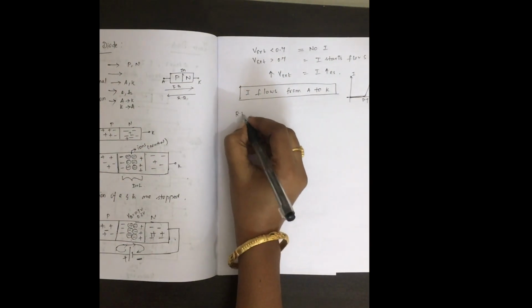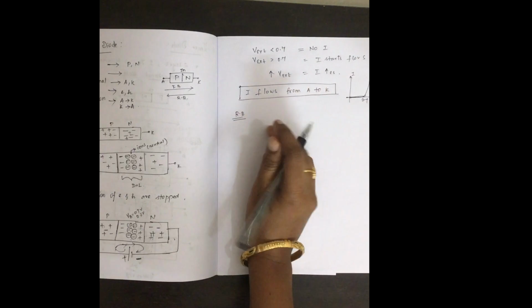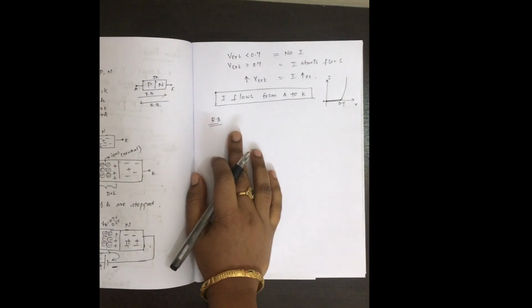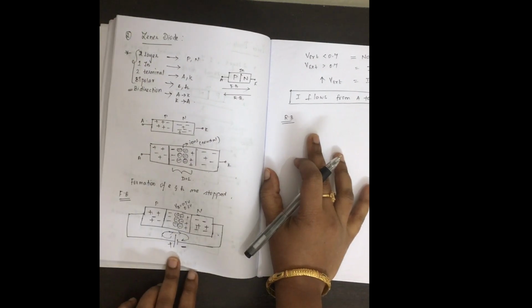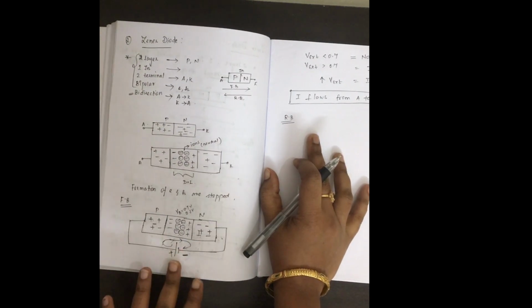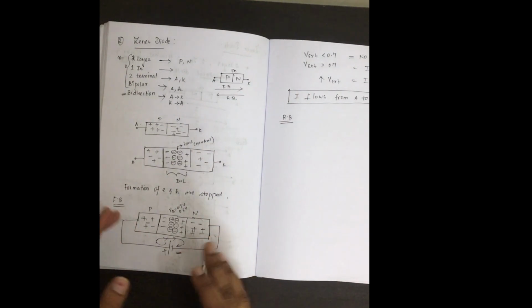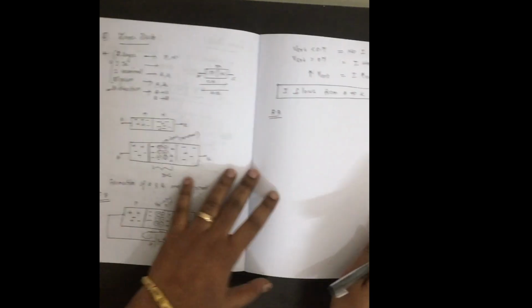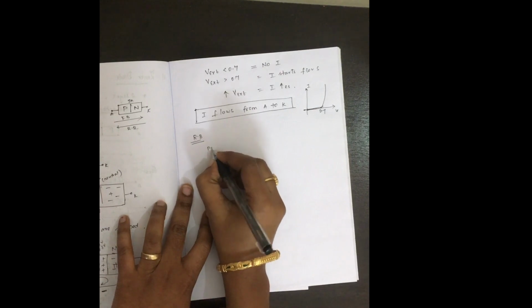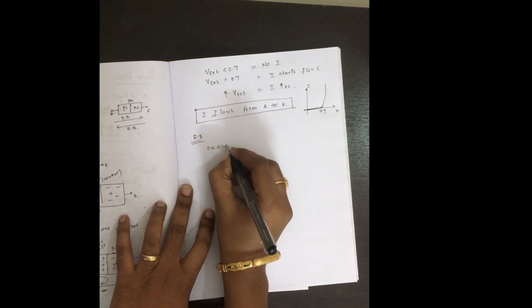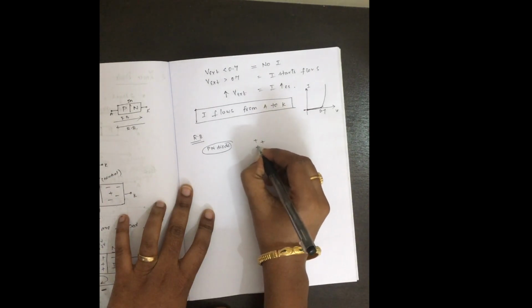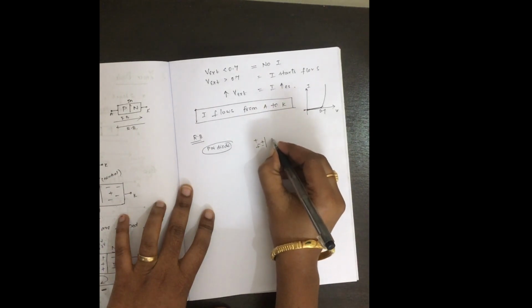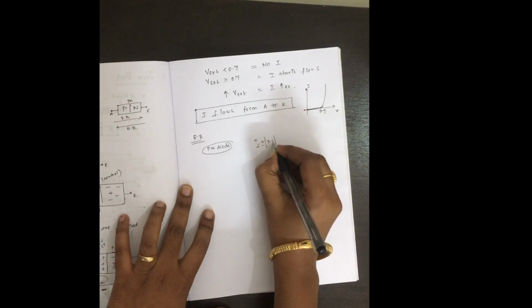In reverse bias, in the PN diode, the P layer is connected to the negative of the battery and the N layer is connected to the positive of the battery. I'll explain, this is for the PN diode. Depletion layer.